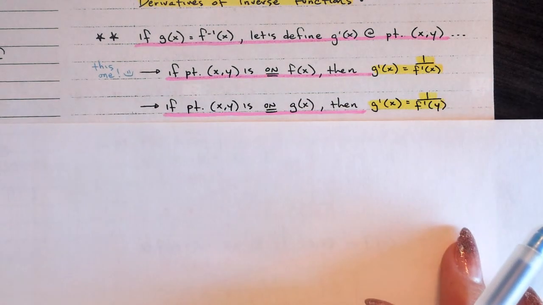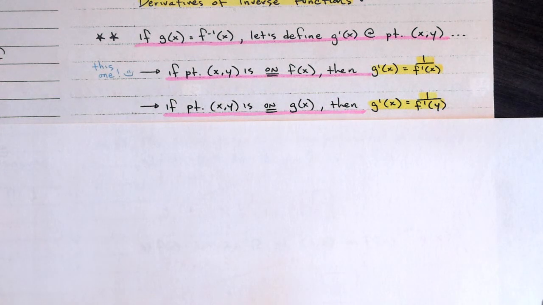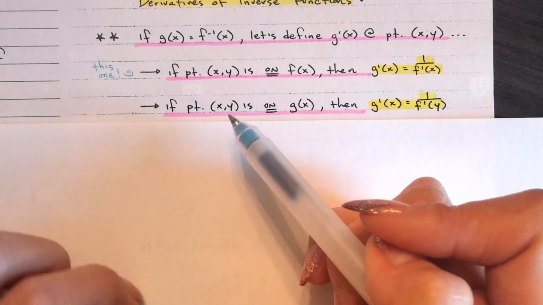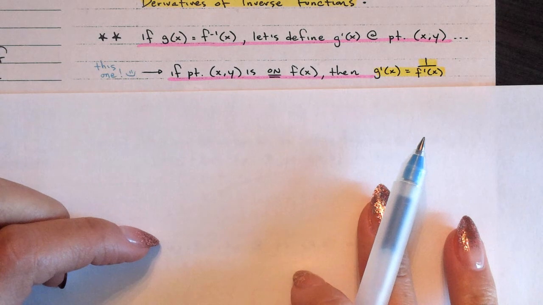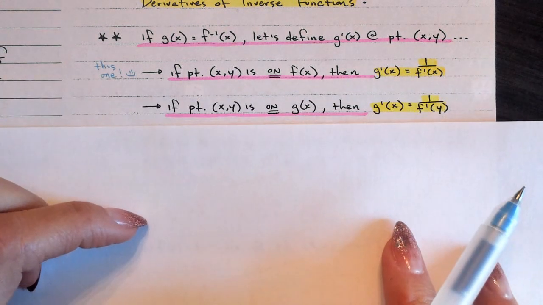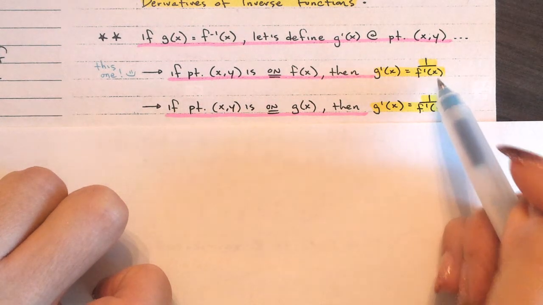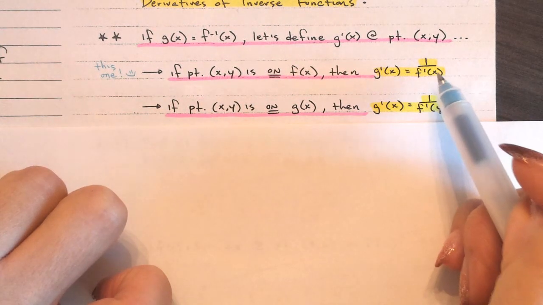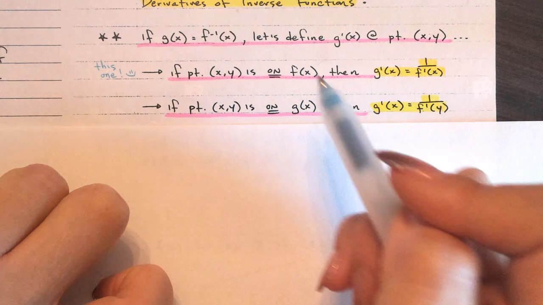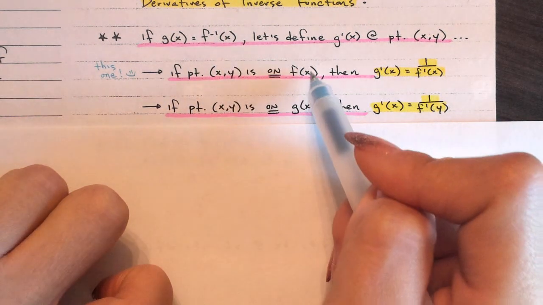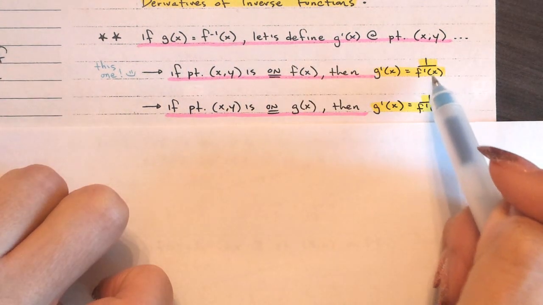The reason this is here is because I want to be thorough, but this is all I really need. So here's the thing. The only difference between this one and this one is right here. There's a y. The reason this turns into a y is because if you have a point on f of x, you're using that x value.